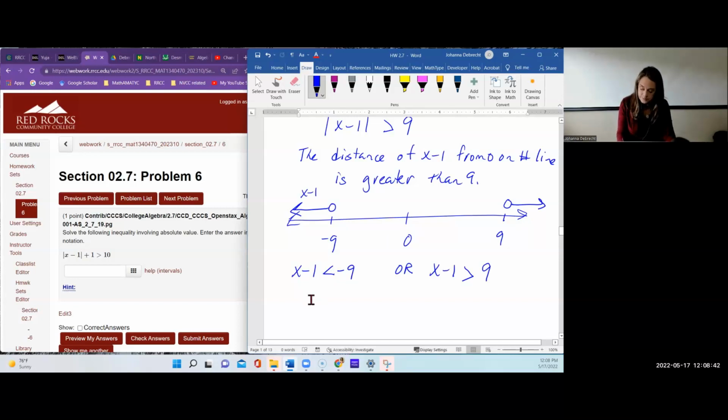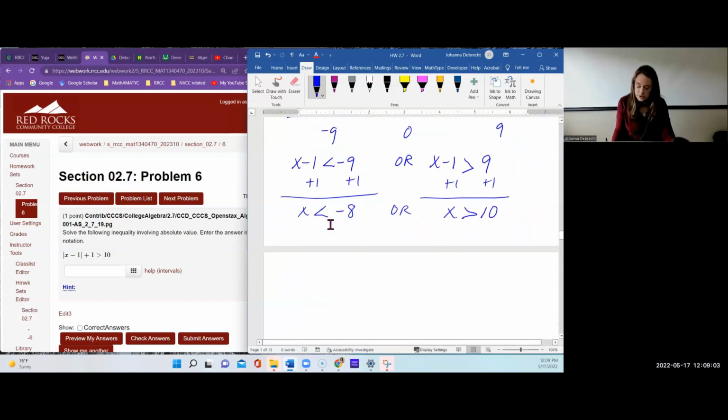Now we can say that we get x less than -8, or x greater than 10. This is a split situation, and when we're looking at the picture on the number line, we have -8 here and 10 up here.